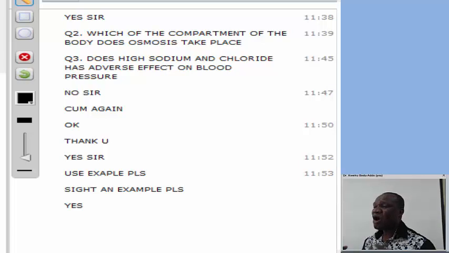Now, we can also determine blood volume. We know blood is made up of both intracellular and extracellular fluid. Intracellular, because blood has cells. We have the red blood cells, the white blood cells, the platelets.